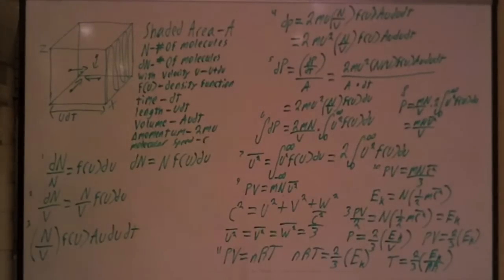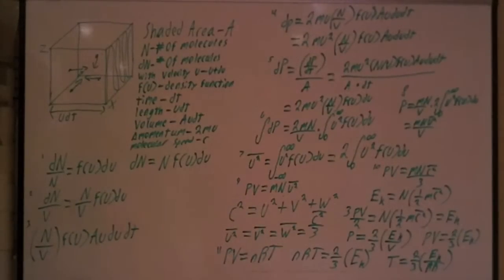Therefore, if we want the total mean speed squared, we know that the direction that the molecules are going in doesn't really matter. Therefore, the mean velocity squared in the x direction is the same as the mean velocity squared in the y direction, which is the mean velocity squared in the z direction. Therefore, that's equal to the mean speed squared over 3.